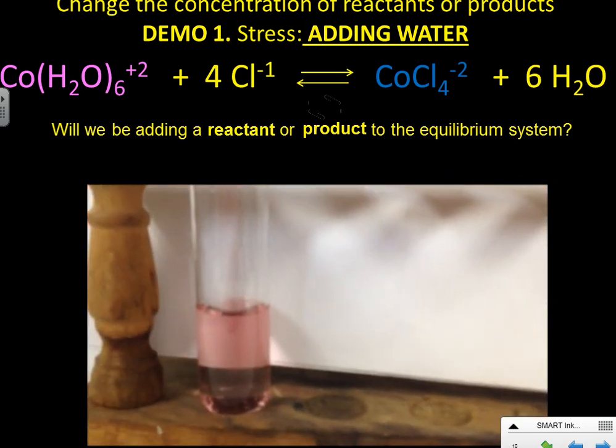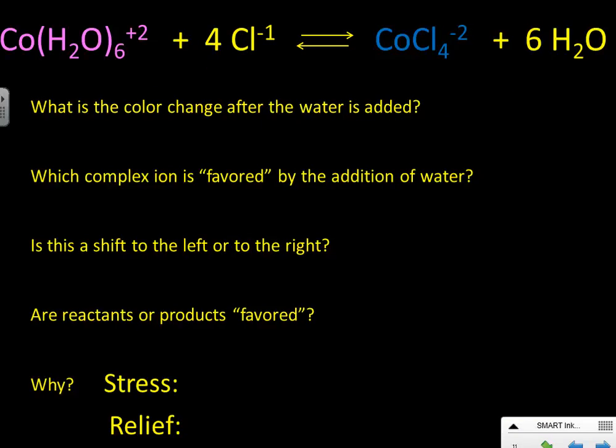So when you add this product, all of a sudden there are too many products. The added water will react with the present blue anions, and they will react to form more reactants. So the stress here is explained on this slide. What is the color change after the water is added?